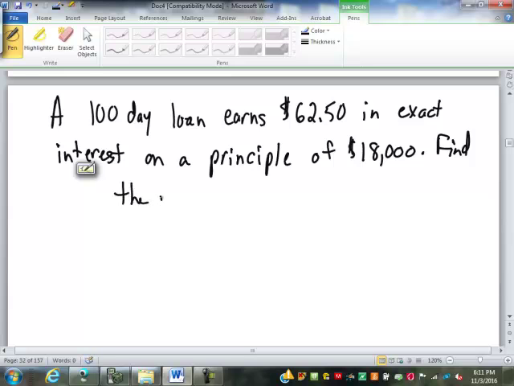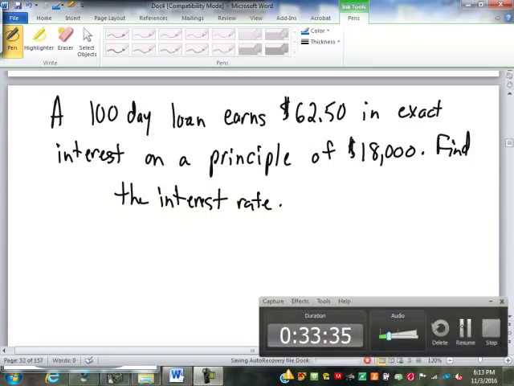Find the interest rate. See if you can figure that one out in your notes.